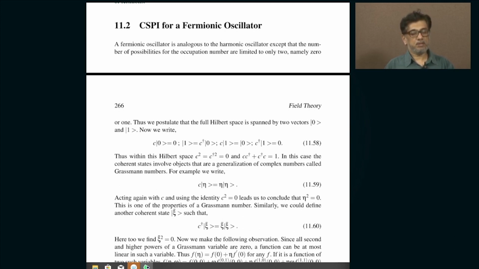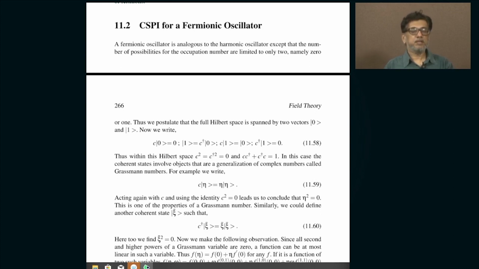That means you construct a weight of the form e raised to i by h bar times the action, and that weight tells you how much weight a certain quantum mechanical path has when a quantum particle traverses along that path.